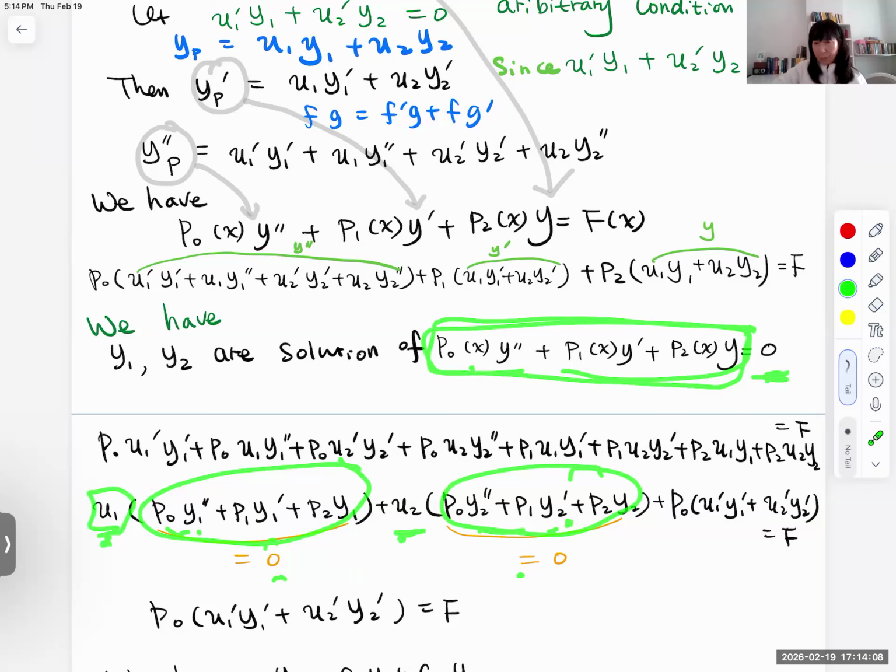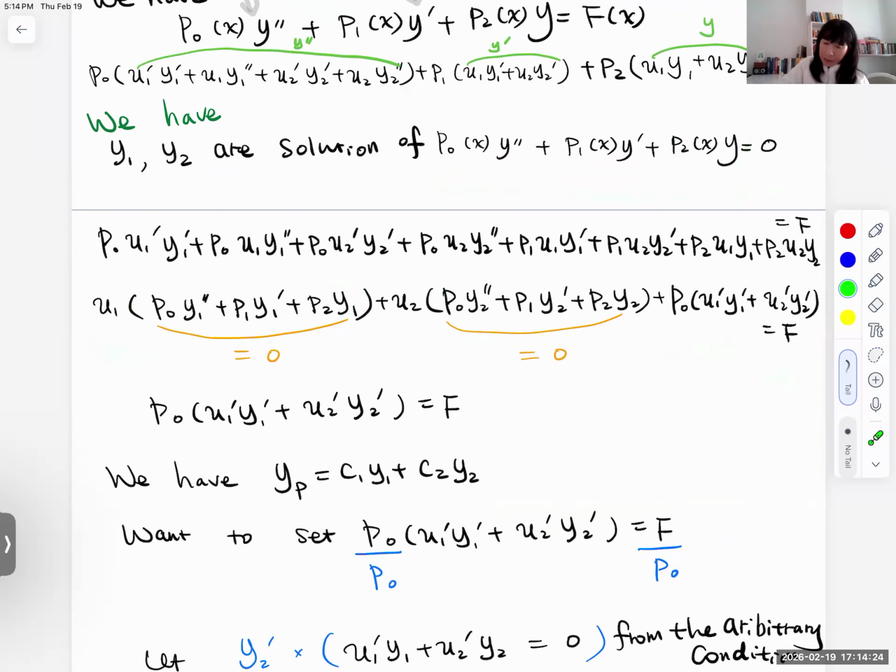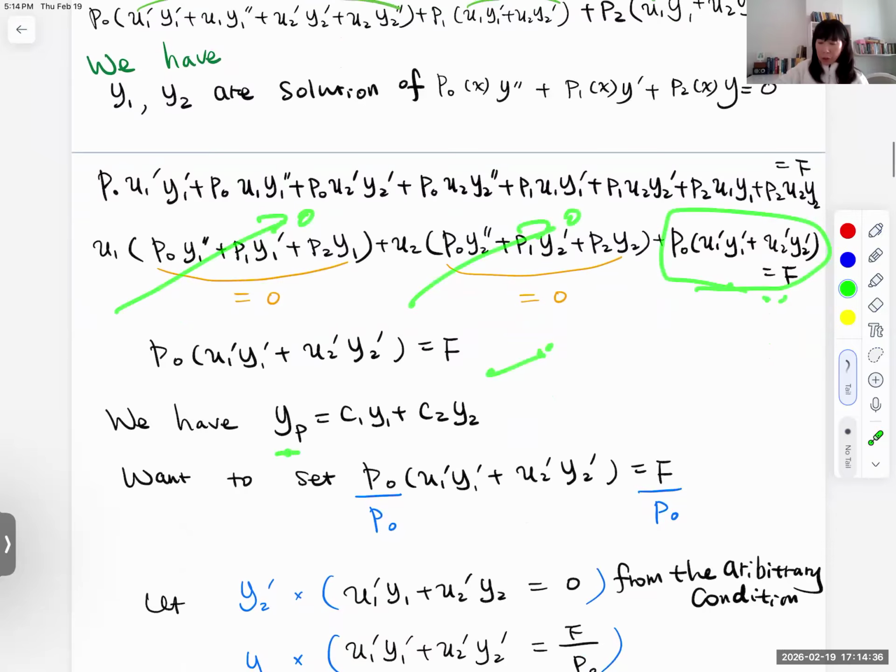Make sense to you? The third term, whatever they have, equals f of x. Since this is 0 and this is 0, only the last term with f remains. Then what's the particular solution? The complementary solution will be c sub 1, y sub 1 plus c sub 2, y sub 2.